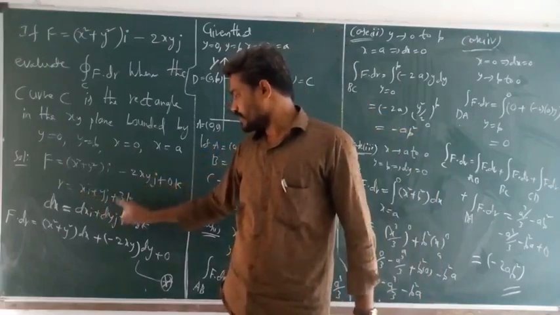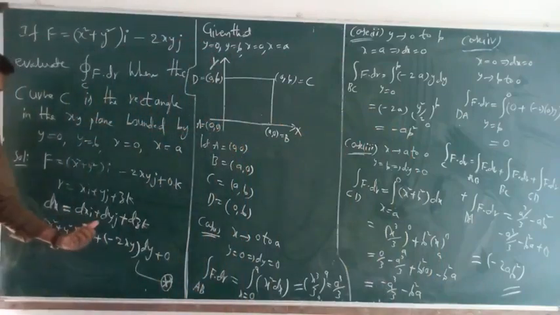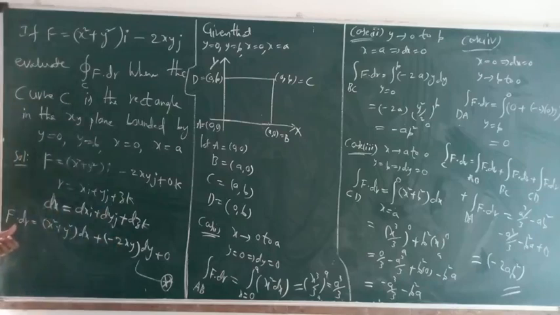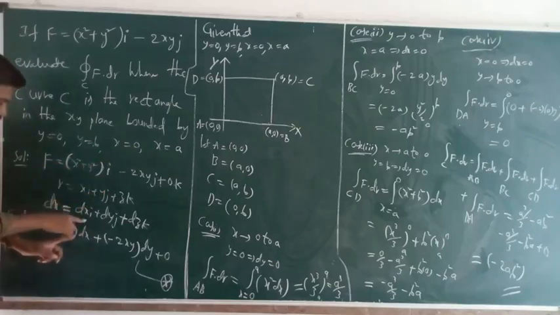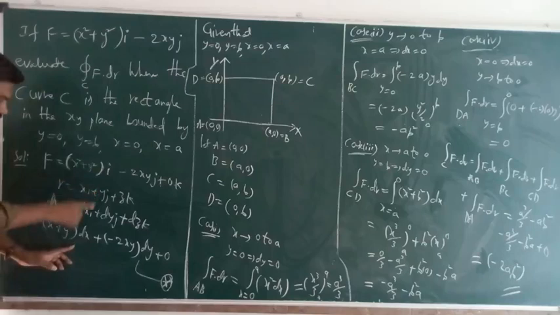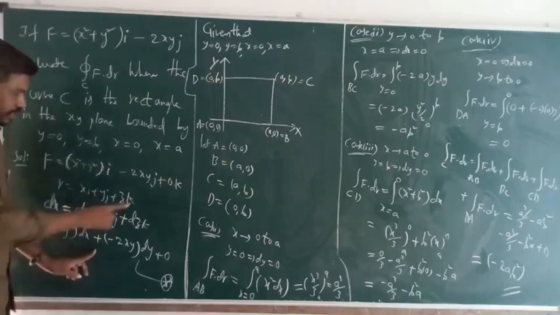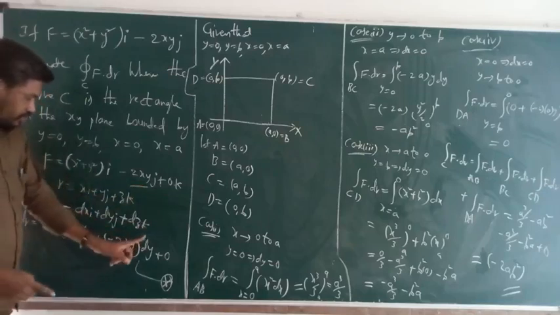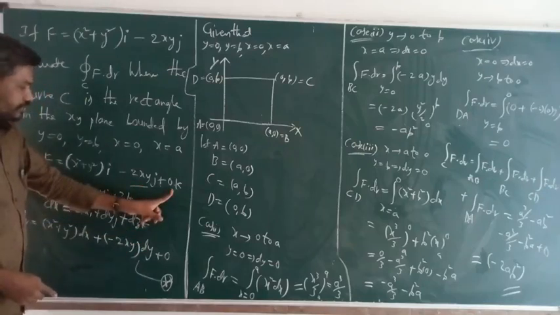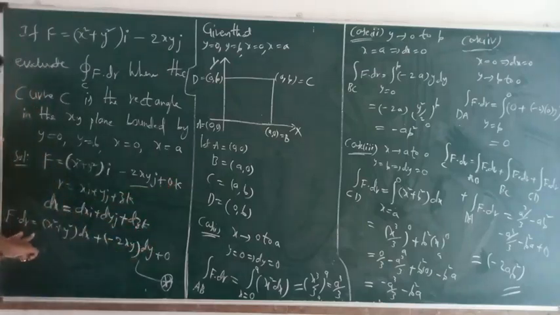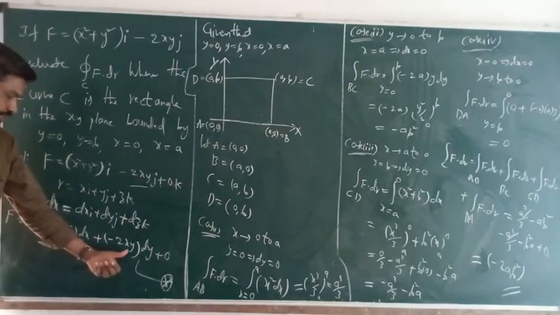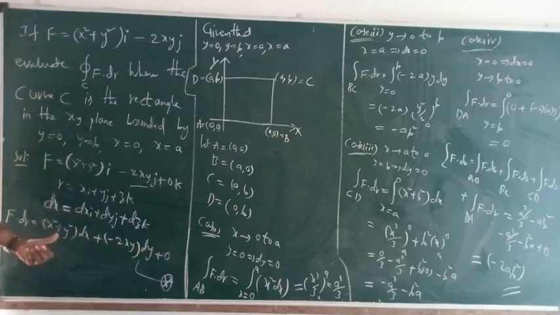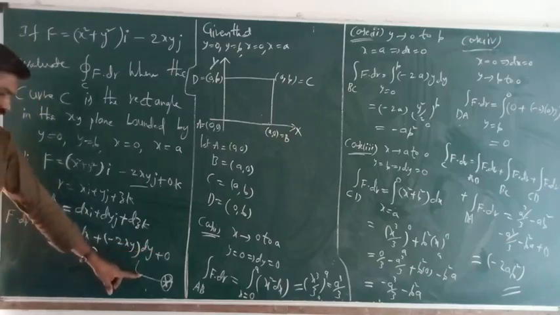Small r = x i + y j + z k, so dr = dx i + dy j + dz k. Now F·dr is the dot product: (x² + y²) i·i gives (x² + y²) dx, plus j·j with coefficient minus 2xy gives minus 2xy dy. The k term is 0 times k, so it is 0. Finally F·dr = (x² + y²) dx minus 2xy dy. This is star.